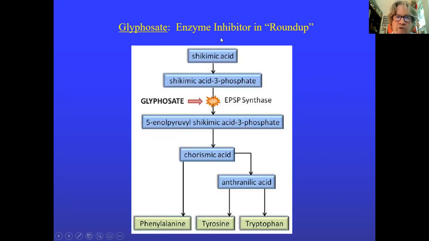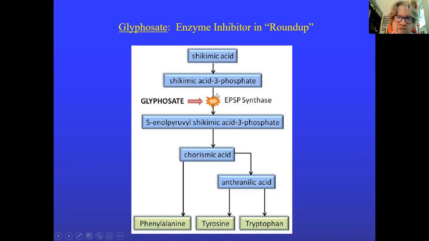Glyphosate is one that blocks the production of certain amino acids: phenylalanine, tyrosine, tryptophan. You use shikimic acid as a substrate and modify it, and this enzyme, EPSP synthase, is blocked by glyphosate.